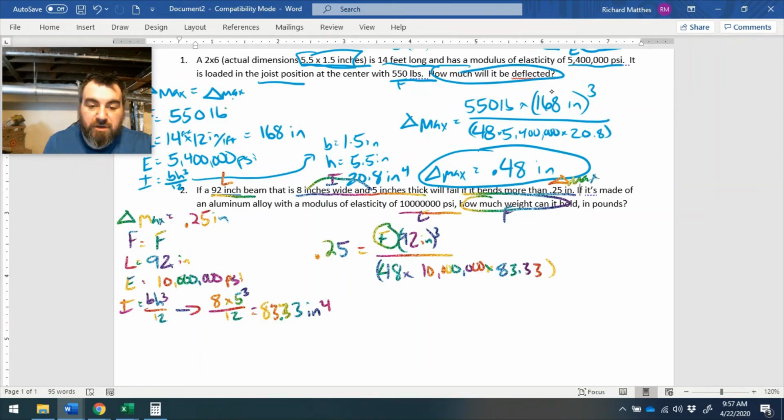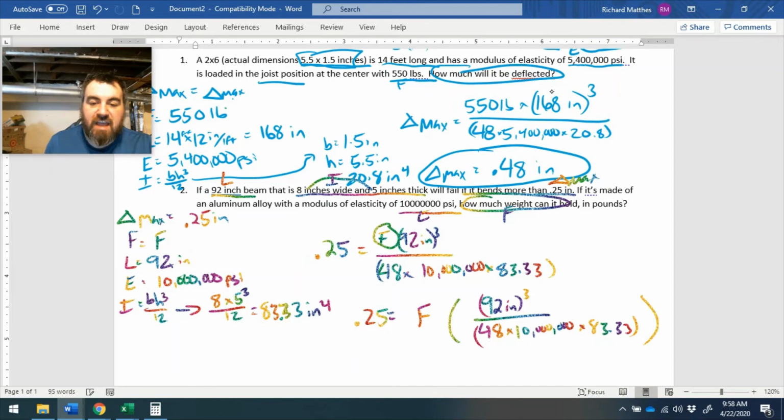So what we're going to do is we're going to rewrite this. We got 0.25 equals F times 92 inches to the third over 48 times 10 million times 83.33. The reason we're doing this is F is just being multiplied by the 92, and then it's being divided by this.